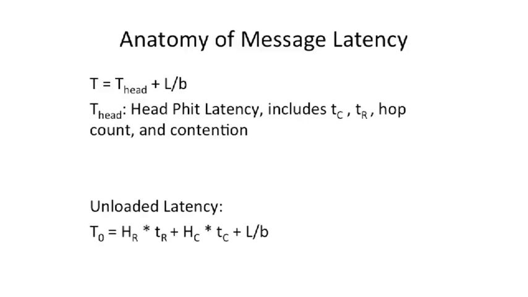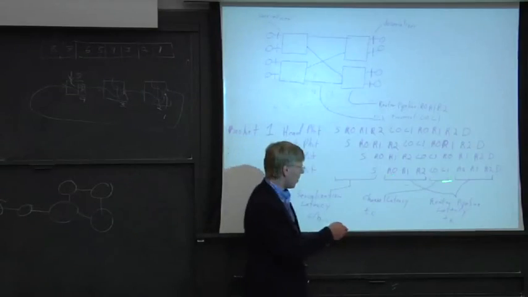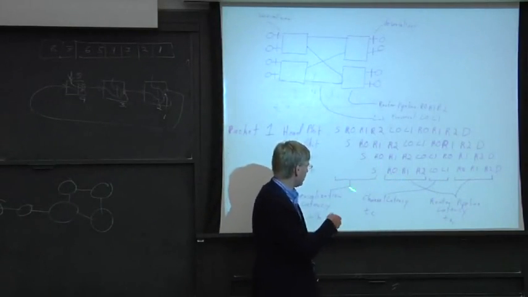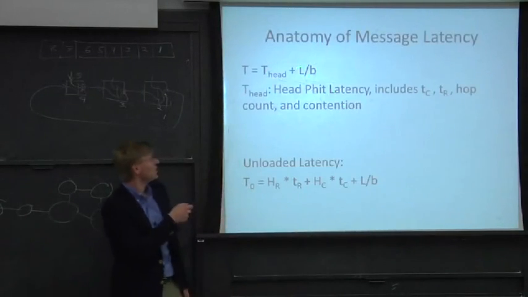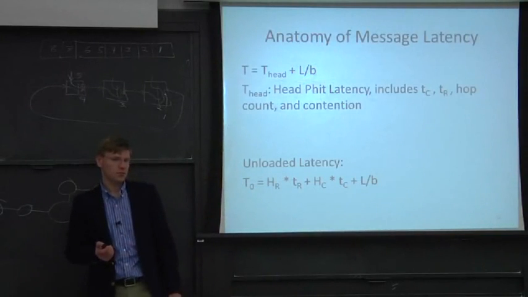OK, so now let's take a look at our message latency and go into a little more detail here. If you look at our overall latency, which we'll denote as T, it's the latency for the head to get to the receiver. So that's all of this stuff here, plus the serialization latency.